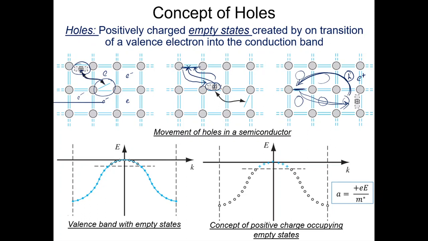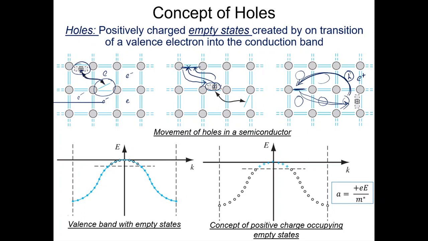So when all the valence states are completely occupied, there is no way these holes can move to another state, because this is the movement of electrons from one occupied state to another free state. If there are no free states at t equals to 0, no electron can move to another state, and therefore there is no hole movement and no hole current. Similarly, there was no free electron in the conduction band, so there was no electron current.